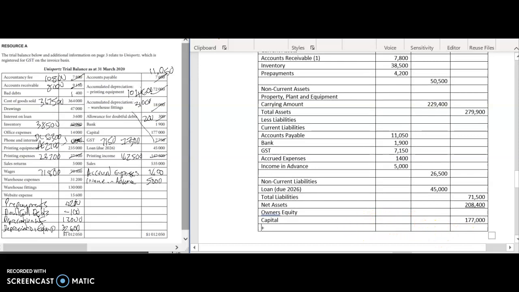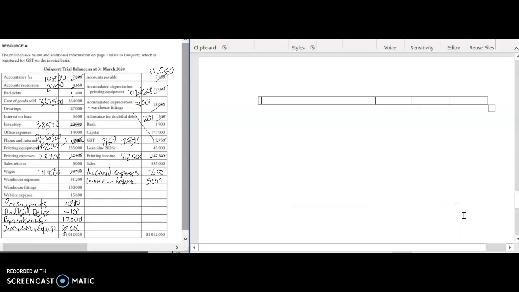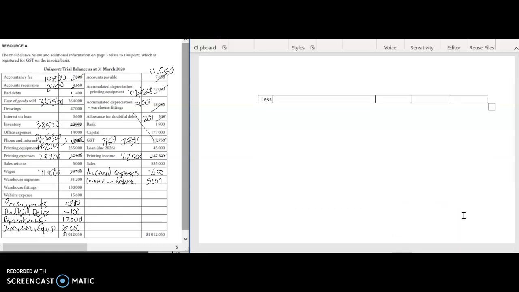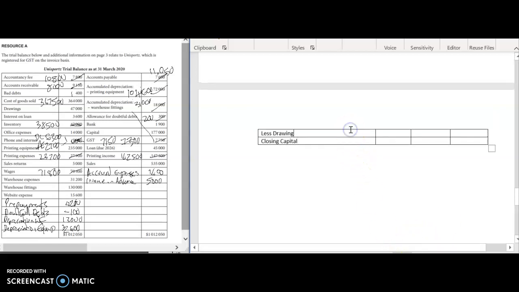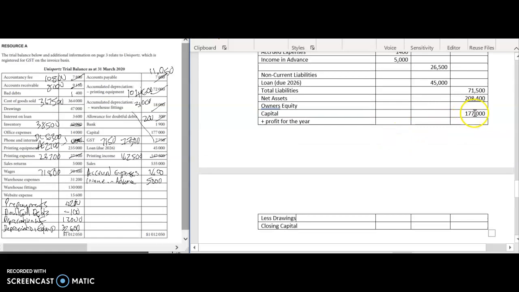And we're going to add profit, and take off these drawings, to give us our closing capital. Alright, so what figures do we have? We've got the figure, firstly that 177. The drawings figure we have, that's at 47,000. Put that in negative because we're going to take it off.